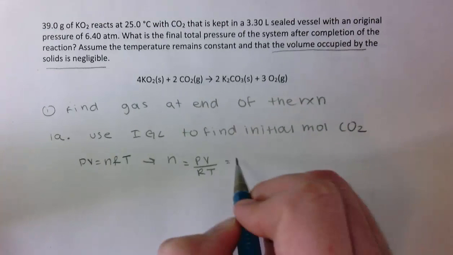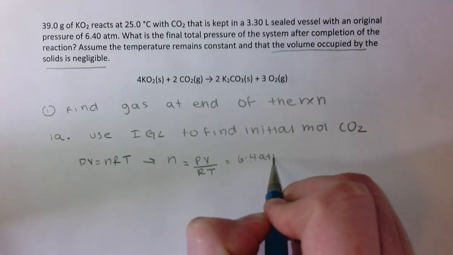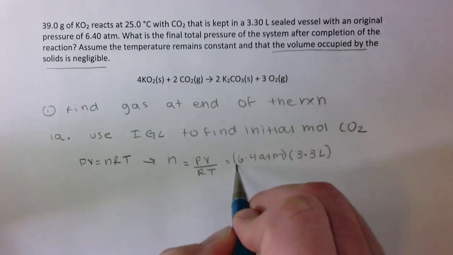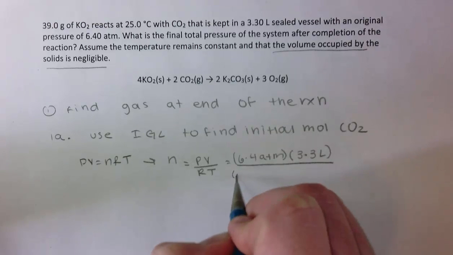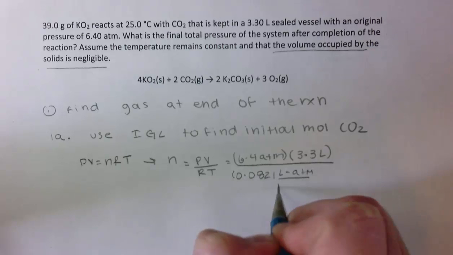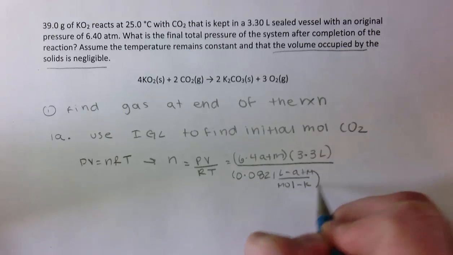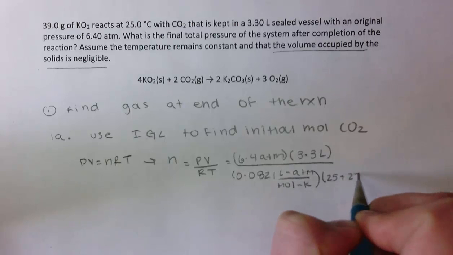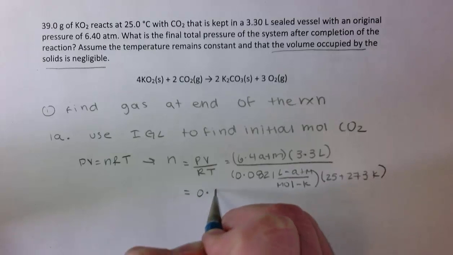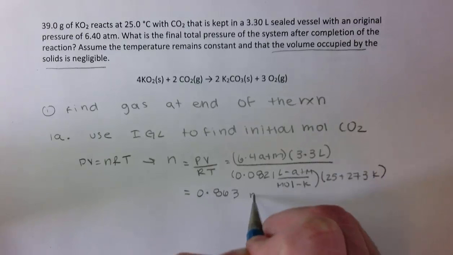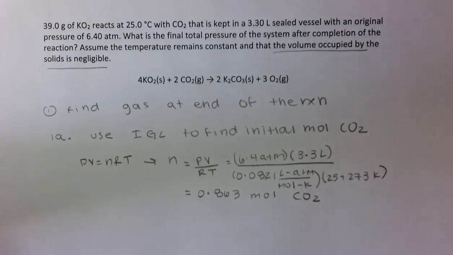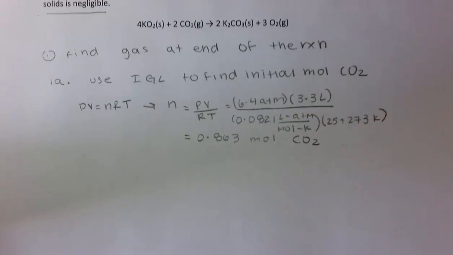And that equals 6.4 atmospheres, our original pressure, times 3.3 liters, which is the volume of our vessel, divided by our gas constant and our temperature in Kelvin. So now that we have that, I get that we have 0.863 moles of carbon dioxide at the beginning of the reaction.